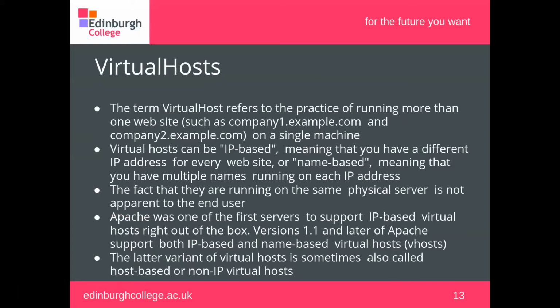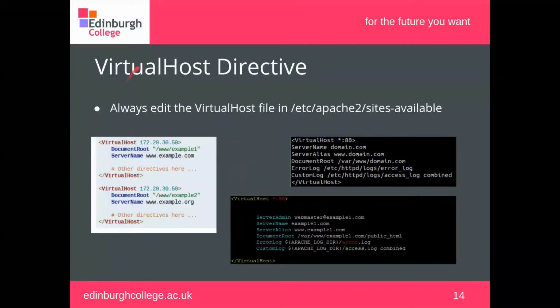Well, we need to have a way of telling the Apache server where these websites are. We do that using a VirtualHost directive. We create a file, and inside the file, we open up tags like in HTML. We open a virtual host and close a virtual host, and inside those virtual host tags, we put the document root and the server name.